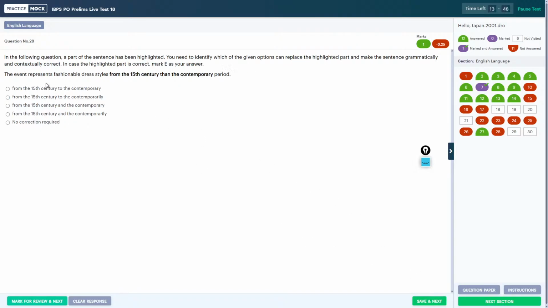The event represents fashionable dress styles from the 15th century to the contemporary period. Contemporary period.